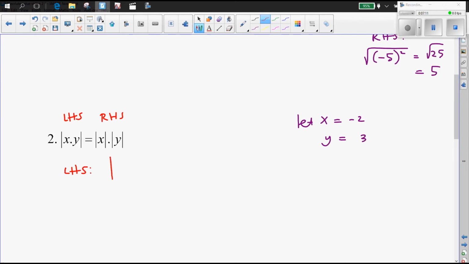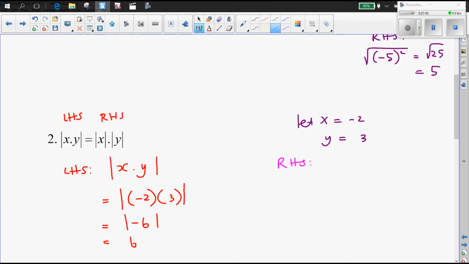So the left-hand side is asking me to calculate the absolute value of the product of x and y. So that means I must work out what is the absolute value of negative 2 times 3. Negative 2 times 3 gives you negative 6. What is the absolute value of negative 6? So how far is negative 6 from 0 on a number line? It is 6 units.